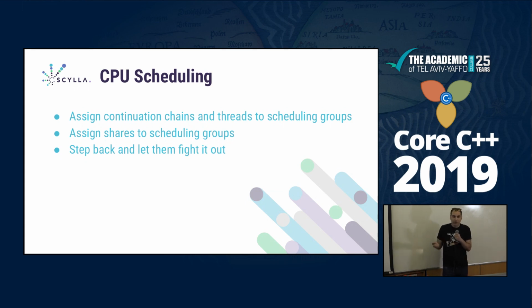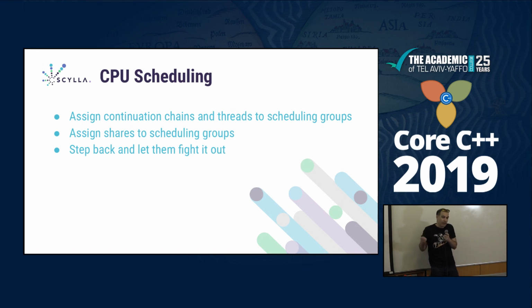You just set it on the top level. And you can assign shares to each scheduling group, and the scheduler will do a weighted round robin between those tasks, and this way you can control which user gets which share of the CPU. And of course, if some user doesn't need all of its share, then it gives it up, and other processes can gain from that.